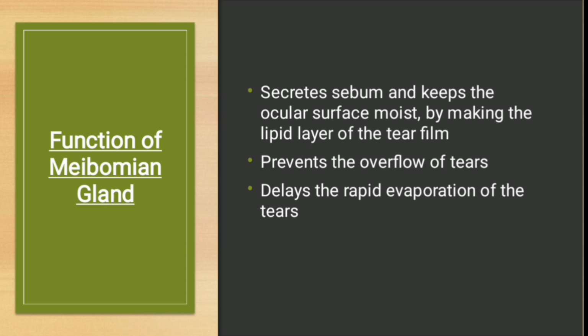They prevent the overflow of the tears, meaning they keep the tears in touch with the eye so that they do not flow and cause tearing, and they delay the rapid evaporation of the tears. As you all know, our eye has some tears in it, liquid water. That water provides nourishment to the cornea, as well as lubrication.